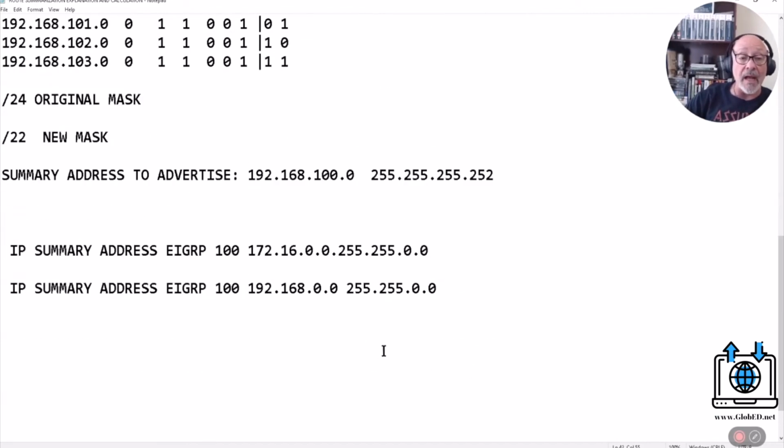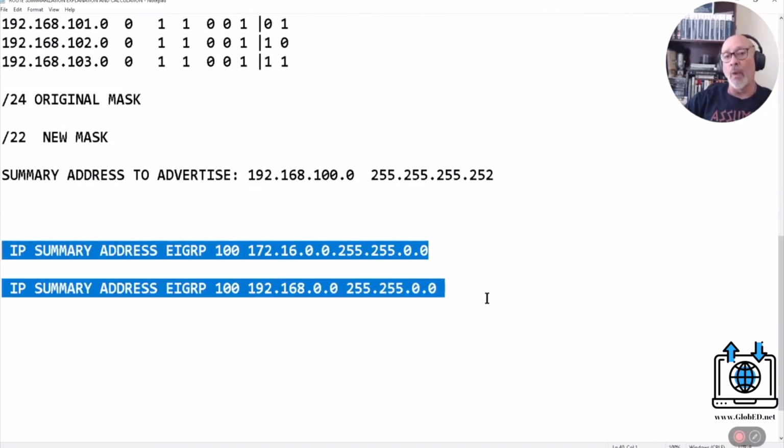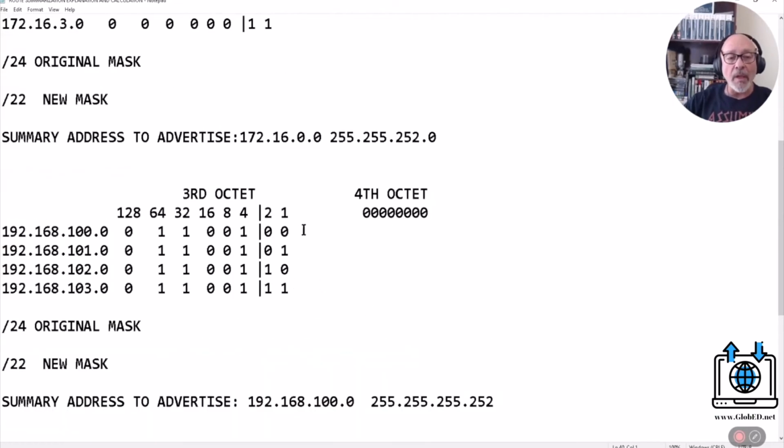This is not the correct way, the proper way to summarize. All right, this is just pure laziness. All right, so the way you summarize is like this. All right, so when you're doing your certifications, when you're CCNA, whoever tells you in the CCNA, because I will never tell you this, that route summarization is something that is not needed. All right, here you need to learn how to do it this way.